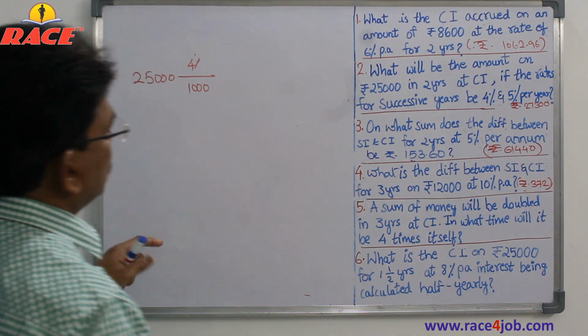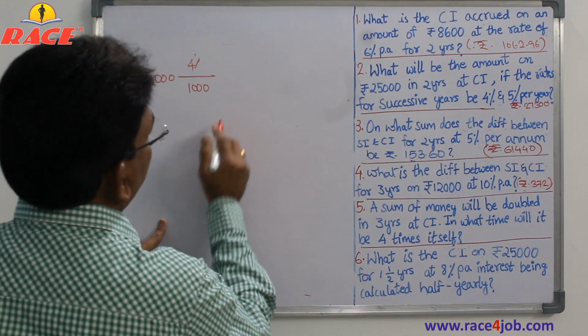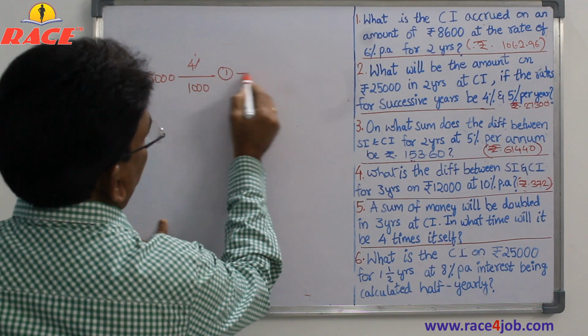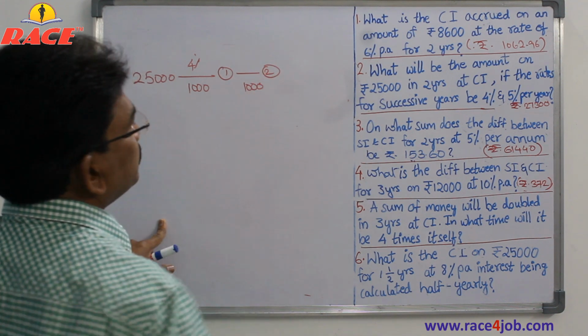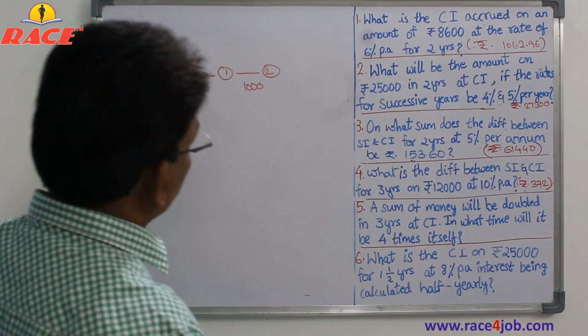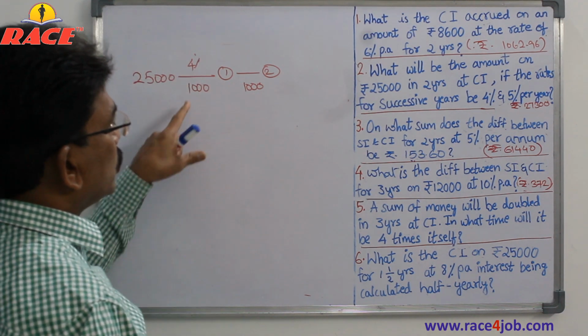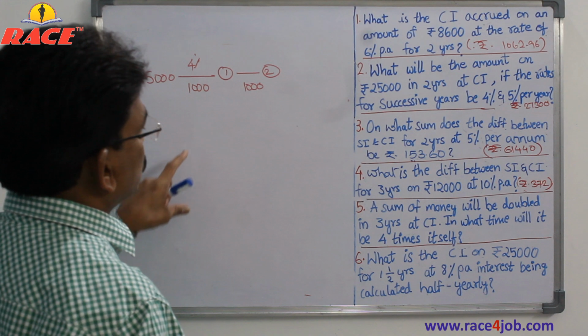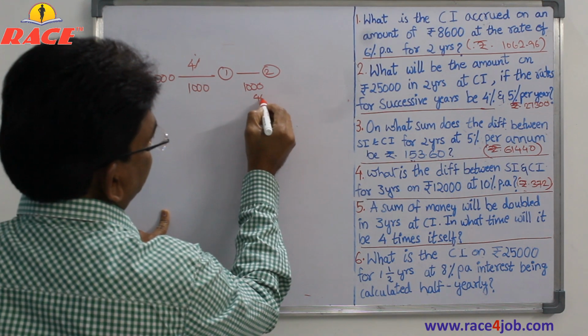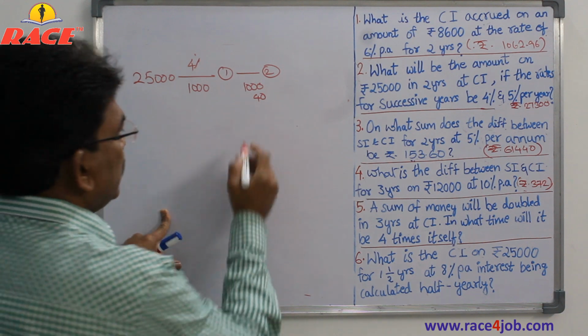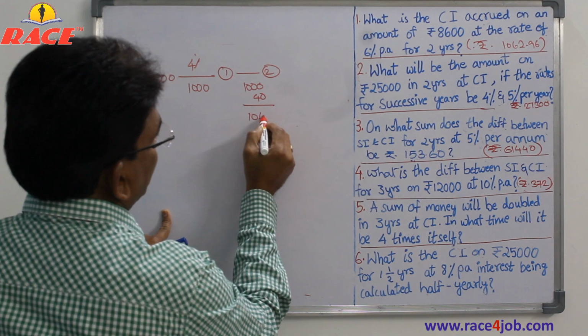Right? That is 1,000. And the second year how much will it be? This is the first year. And the second year we get 1,000 rupees, plus the first year 1,000 rupees, and interest on 1,000 rupees also. 4% on 1,000. 1% is 10 rupees, 4% means 40 rupees. Okay, so 1,040 is the second year interest.